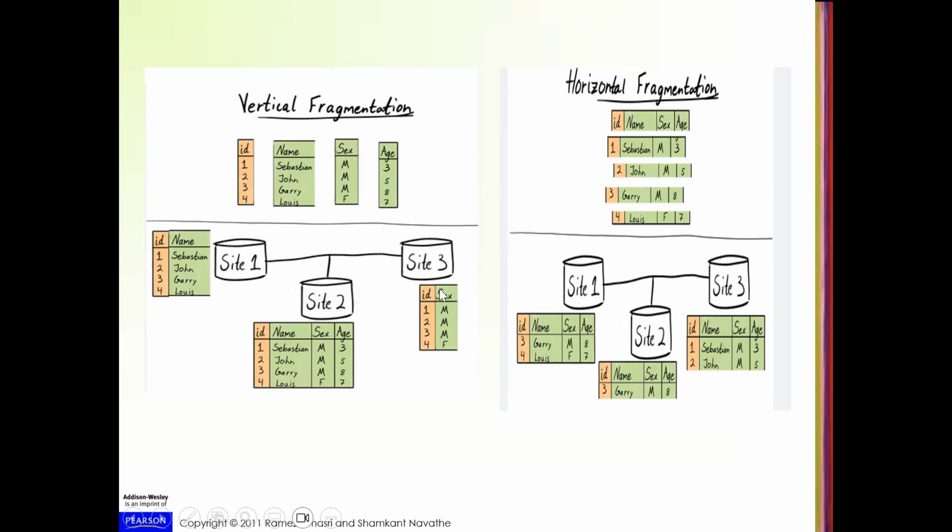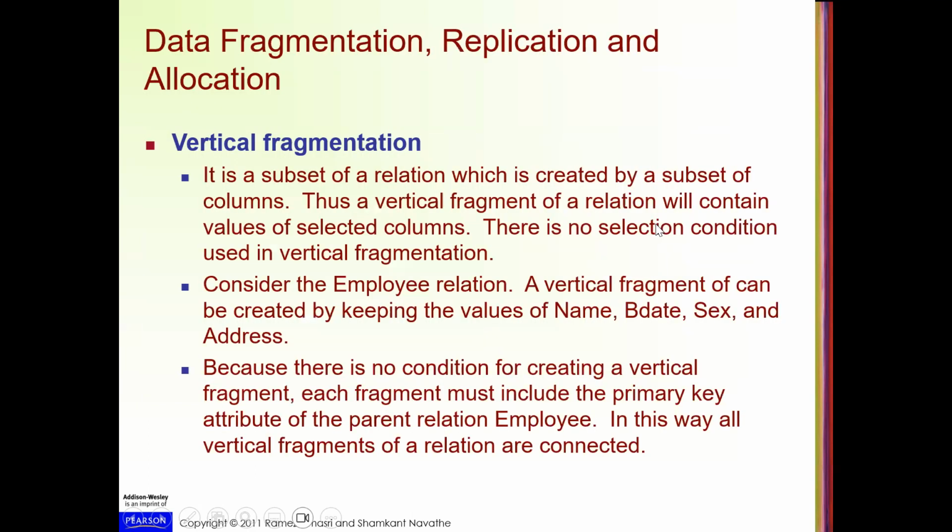And how do I do that? For example, here I have one vertical fragment, and over it, I am again dividing it into multiple row fragments, then it becomes hybrid. Similarly, horizontal fragmentation can also have a vertical fragmentation over it.